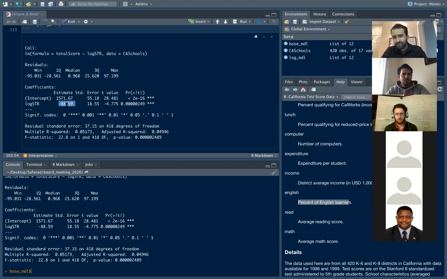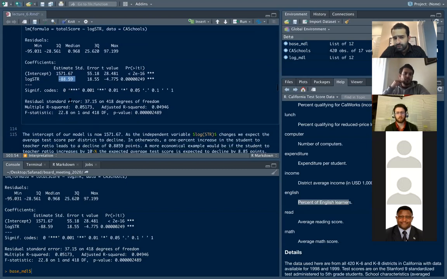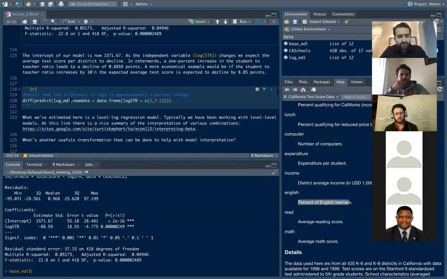You can, but when the data is that small, you're better off using a slightly bigger number. Like a 10% change in the student teacher ratio leads to an 8-point drop. Make sense? Okay. So I believe down here, I've put in a link for you guys.